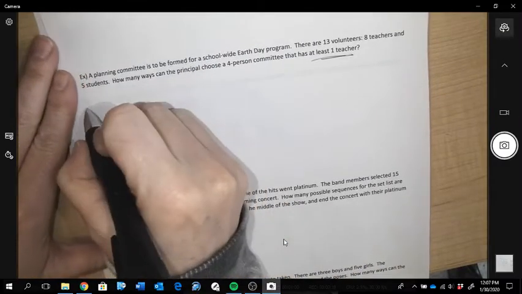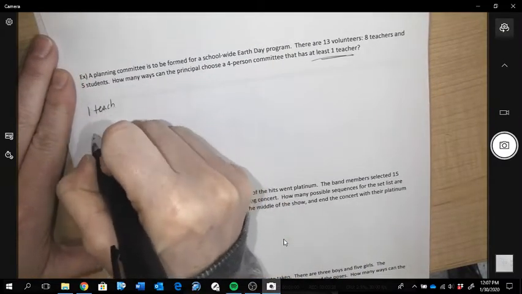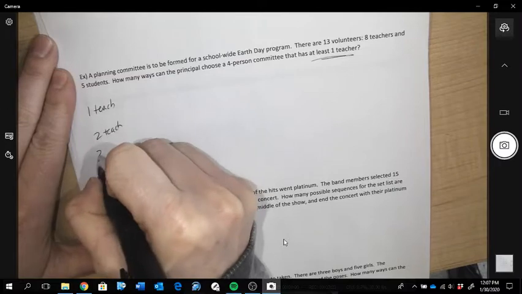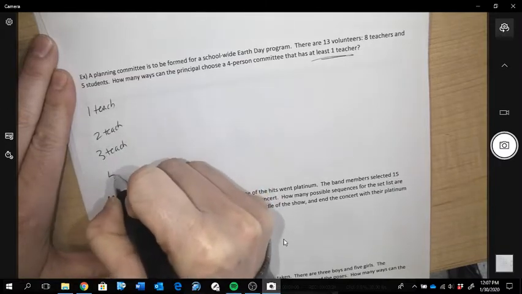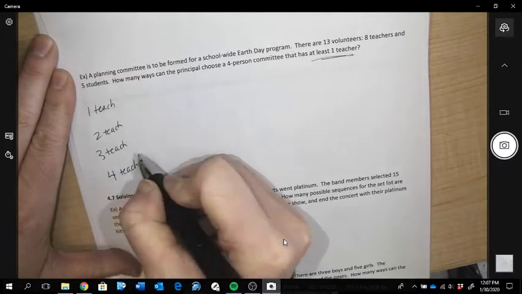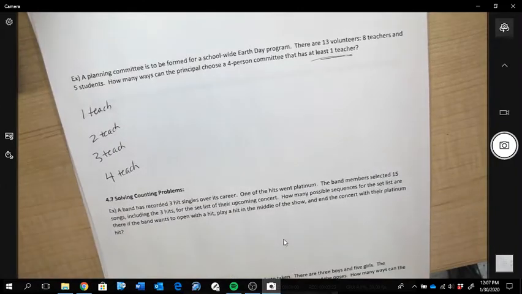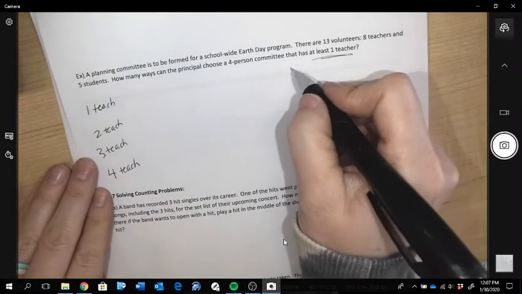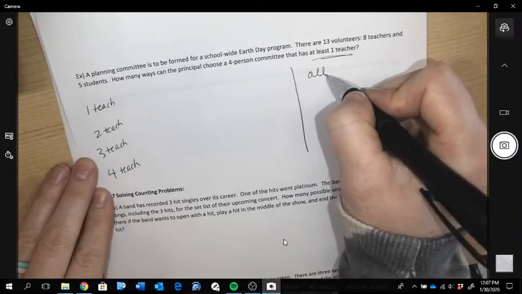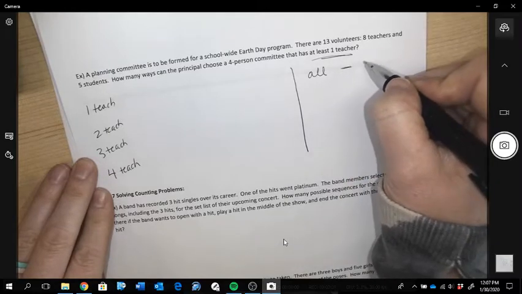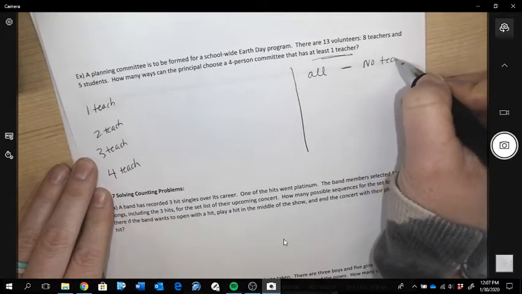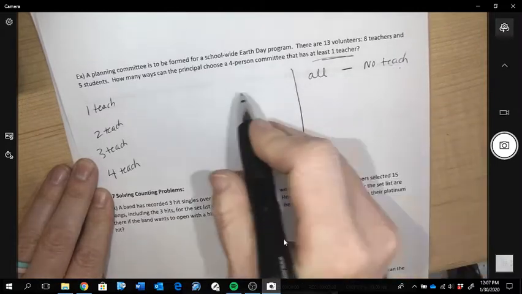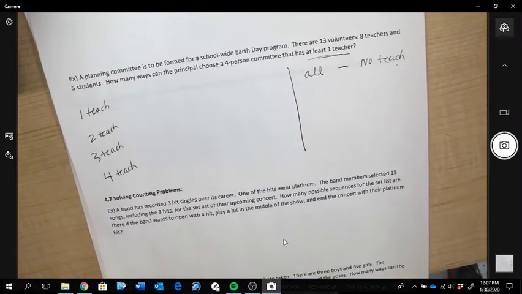We could do 1 teacher, 2, 3, or 4, because it says at least, so you could have had 1 on there, 2, 3, 4. Or the other method is to do all, then subtract if there are no teachers, because that's the opposite event of all of those possibilities. So we will do both.